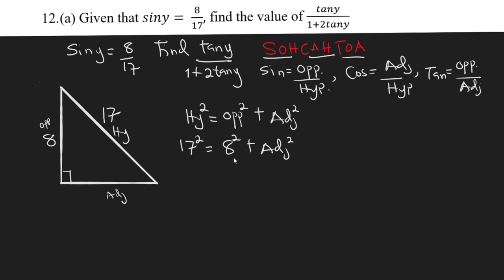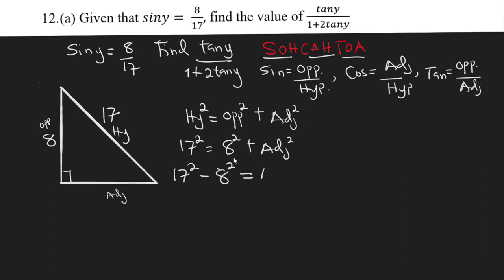Of course, we are going to collect like terms. This 8 squared moves to the other side, so we have 17 squared minus 8 squared. We know that whenever a positive number crosses an equality sign, it changes to negative. That's why this 8 squared changed to negative.